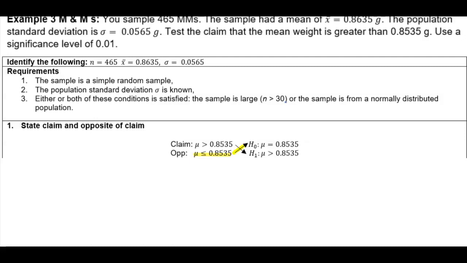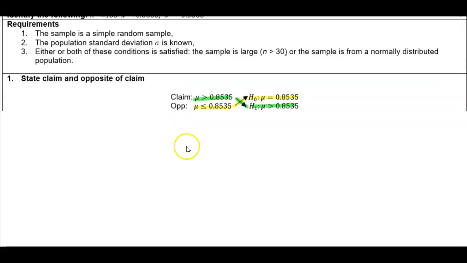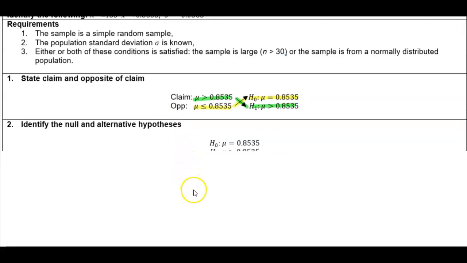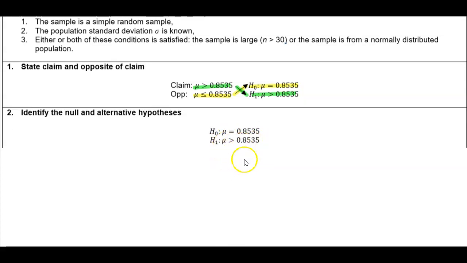So therefore, that equality is going to be located in the null. And therefore, the claim where it's greater than 0.8535 is going to be in the alternative hypothesis. So we can then identify the null and the alternative hypothesis. The null is that the mean is equal to 0.8535, and the alternative hypothesis is that the mean is greater than 0.8535.